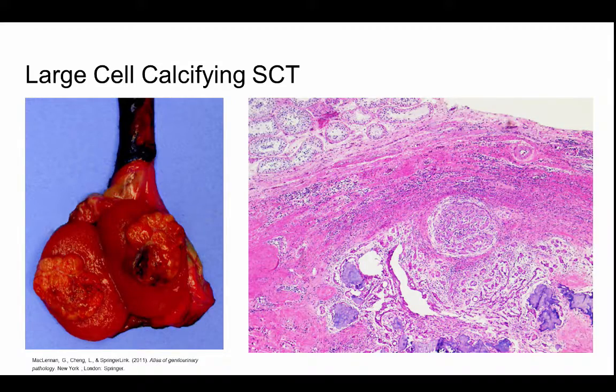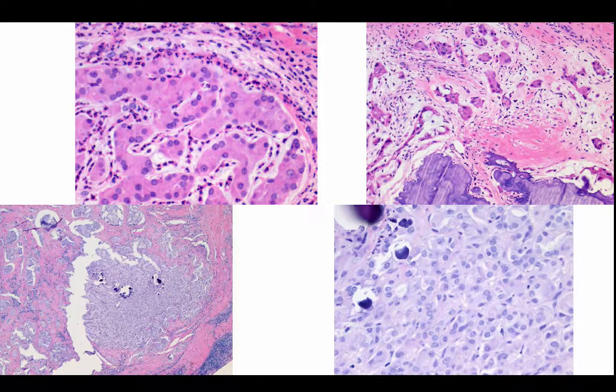Large cell calcifying Sertoli cell tumor is noted to be very heterogeneous, both grossly as well as histologically. And like the name would suggest, it is composed of large cells and numerous calcifications. So laminar calcifications and psammomatous calcifications throughout this tumor. It also has this characteristic neutrophilic and sometimes mononuclear cell response. So it seems to be kind of an inflammatory type lesion.